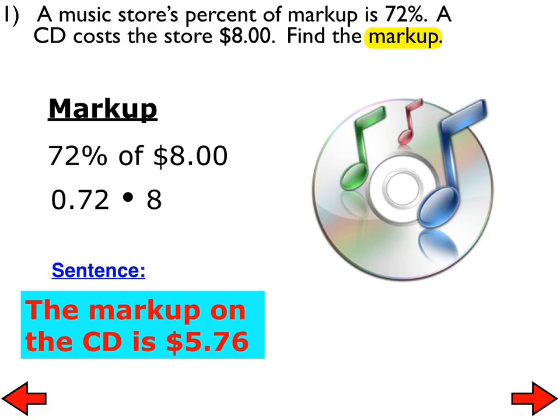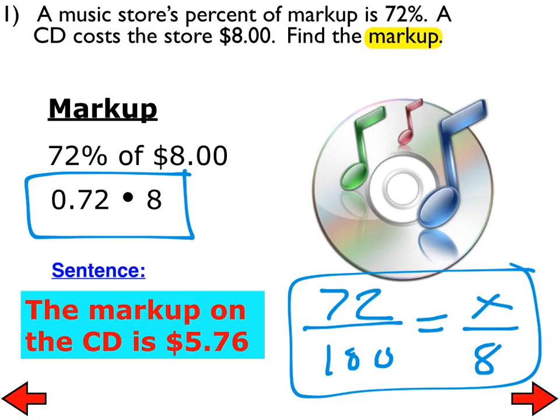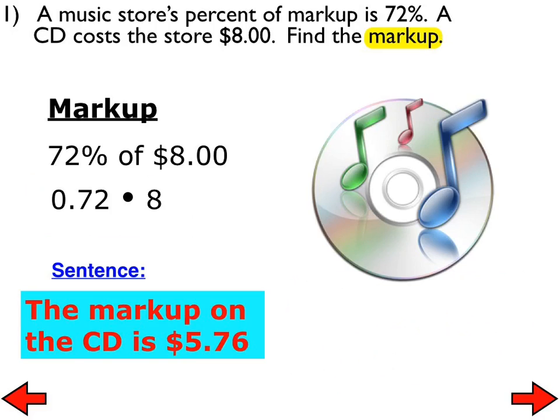If you use a proportion, you would use percent over 100 equals the part over the whole. One of these 2 methods right here, not 172% of $8. That would be if you were finding the price after the markup. Okay? All right, let's go to number 2.